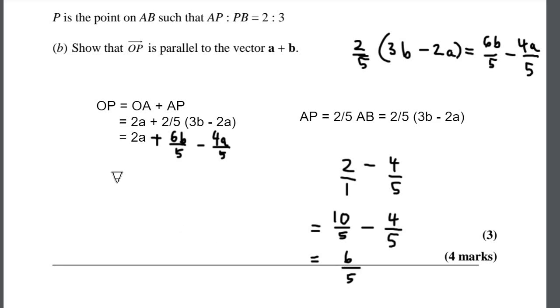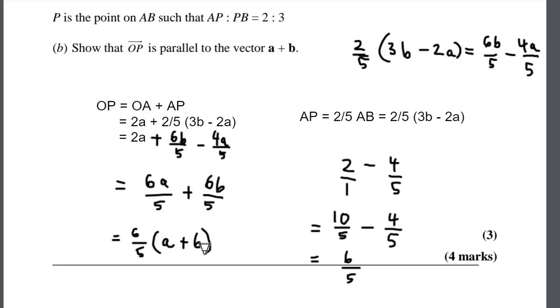So what happened here is 6a over 5, and we already have 6b over 5. Now they're both 6 over 5, so let us factor that out. 6 over 5 comes out, and we can put a plus b inside the bracket.